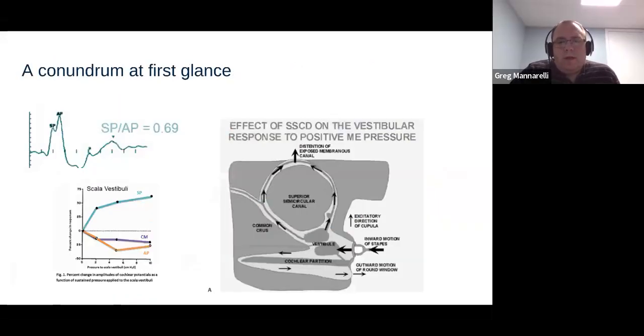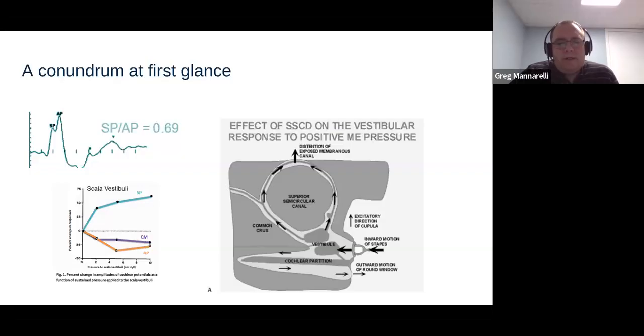So when you look at this, at first glance you're like, oh, I've got this dehiscence in the superior canal that would decrease the pressure up here, and you would think your scala media would be deflecting up towards the vestibule.